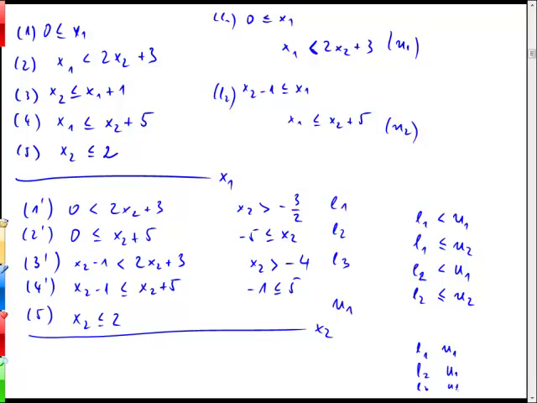Lower bound 1 with the upper bound tells me that minus 3/2 is strictly less than 2. The second one tells me that minus 5 is less or equal 5. And the third one, that minus 4 is less or equal 5.